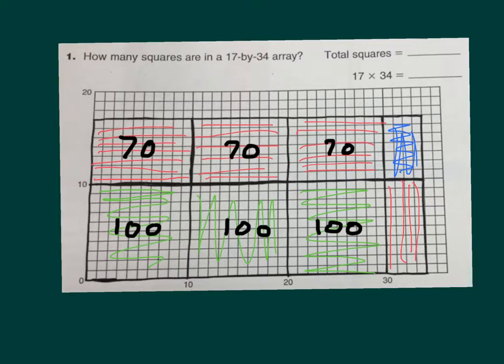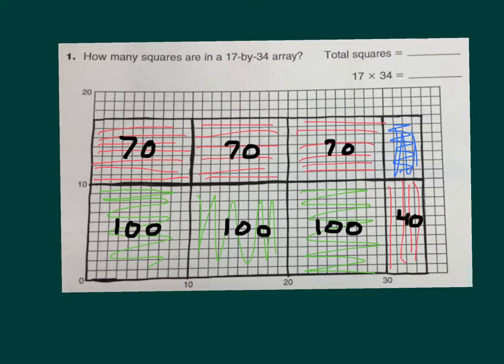I can do the same when I'm looking at this quadrant down here. I know from this bottom line to the top is 10, and there are 1, 2, 3, 4 groups of 10. So 4 times 10 gives me a total of 40.